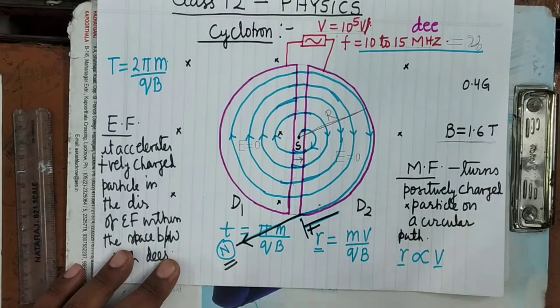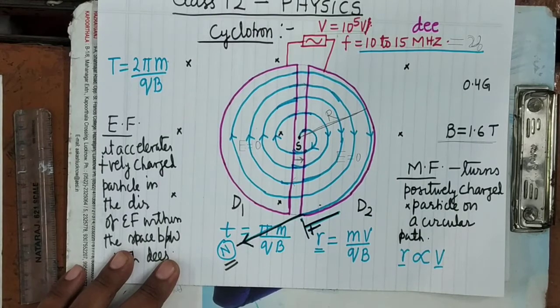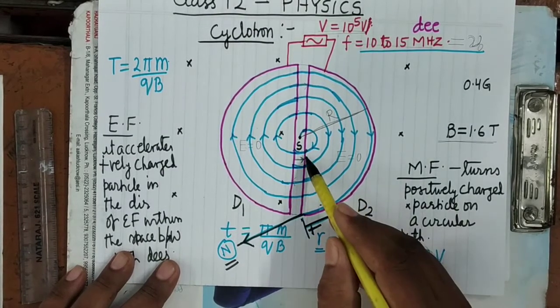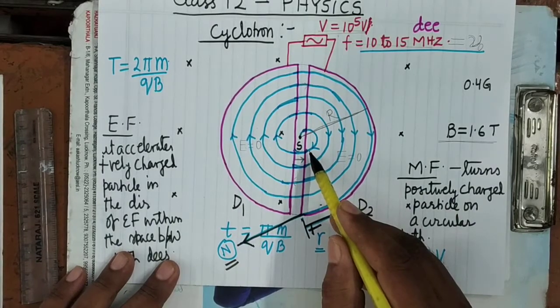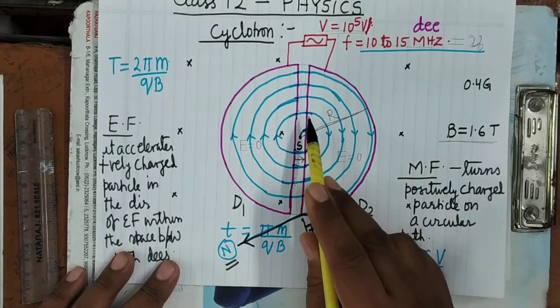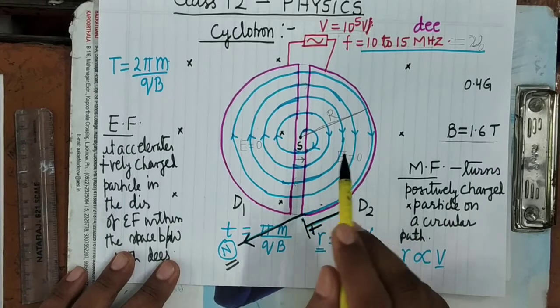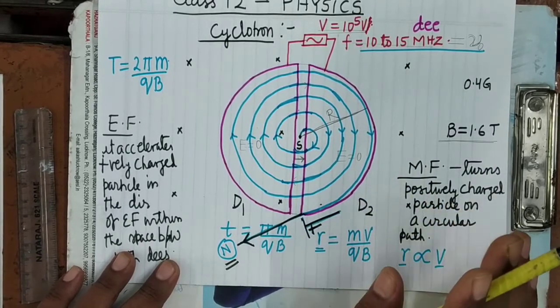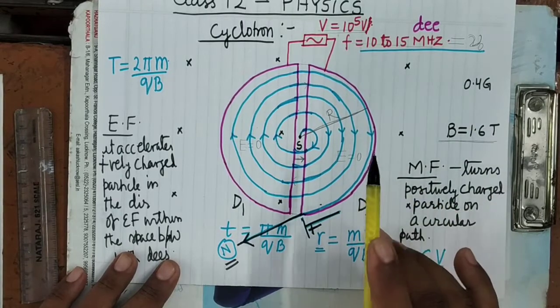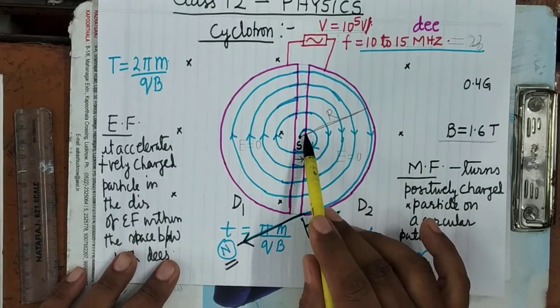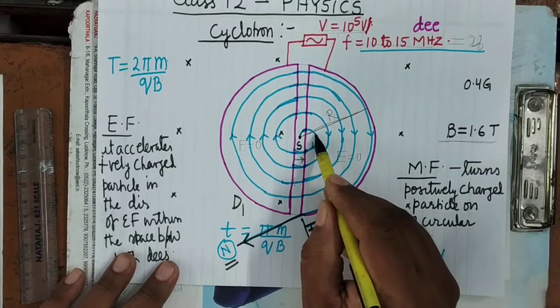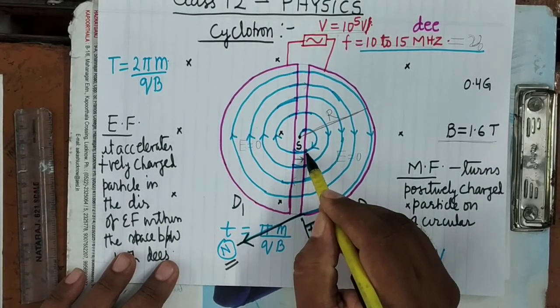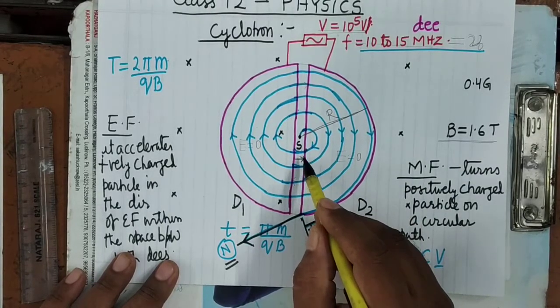Therefore it will not work. It will work only when the moment it is going to come out from a D, the direction of electric field between the gap reverses at the same moment. Then it will work.